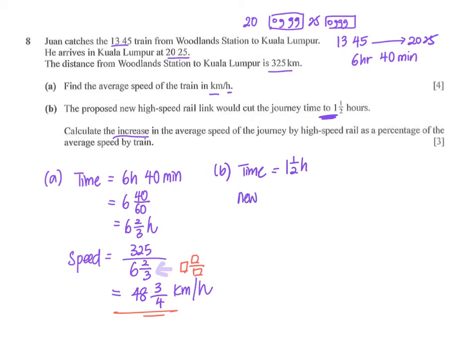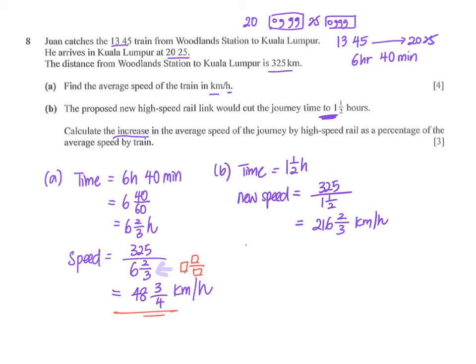So the new speed will now be 325 divided by 1.5 hours, and that gives us a speed of 216 2/3 kilometers per hour. Calculate the increase in the average speed as a percentage of the average speed by train.